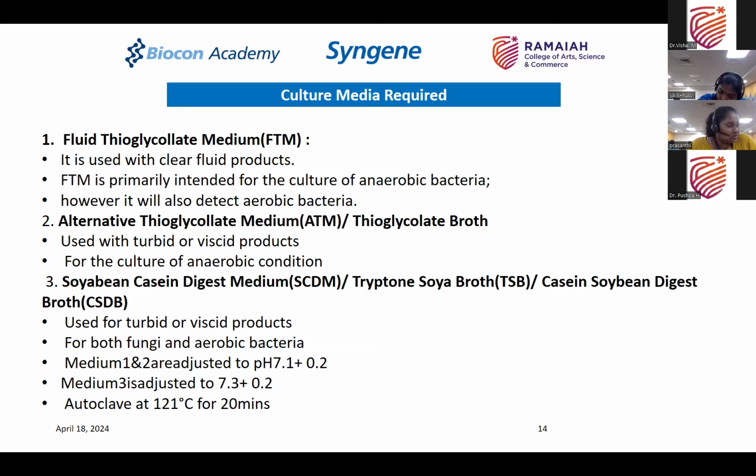So now we understood how the sampling has to be done according to USP 71, how many samples have to be collected, and how much sample has to be collected, and we started with the study of culture media.